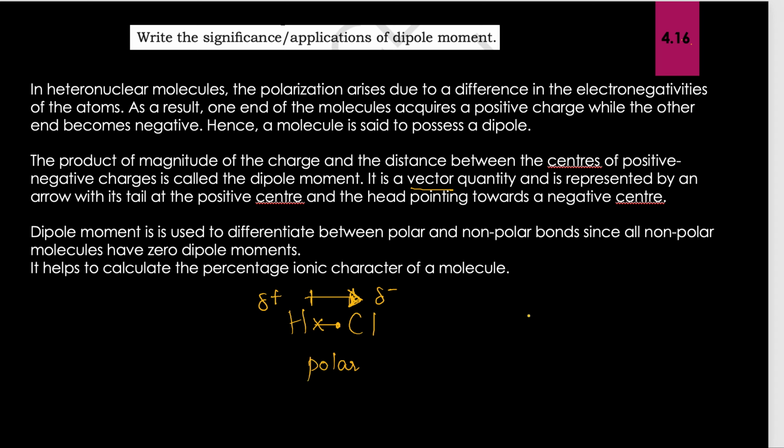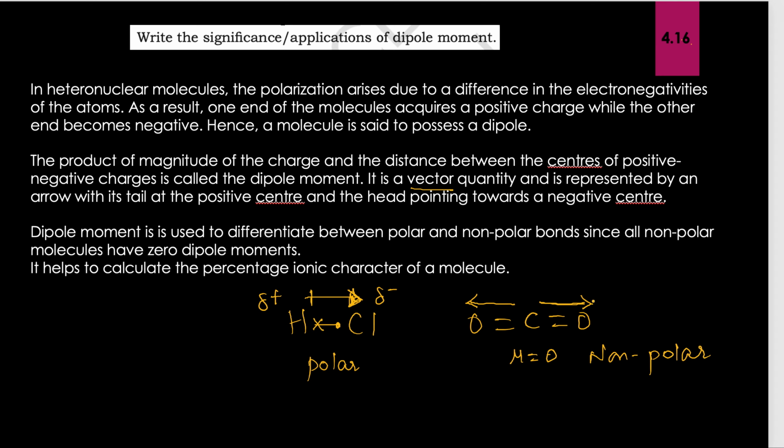Now, if I'm looking at a molecule like CO2, you have two oxygens whose electronegativity is the same. So what happens? This oxygen is going to pull electrons towards itself, and this oxygen is also going to pull electrons towards itself. Now, when this happens, one dipole cancels out the other dipole, and therefore here it is zero.